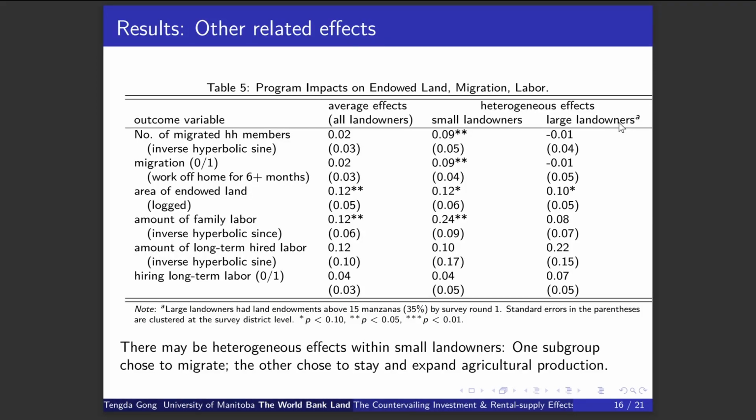And we find related impact in terms of the other allocations. You see migration increase a lot for smallholders, but you also see a large increase in land area. So basically there are two subgroups within the small landholders. One chooses to stay, one chooses to migrate. That's why you see both. On the other hand, those who didn't migrate mostly increase their land and use more labor, if any.